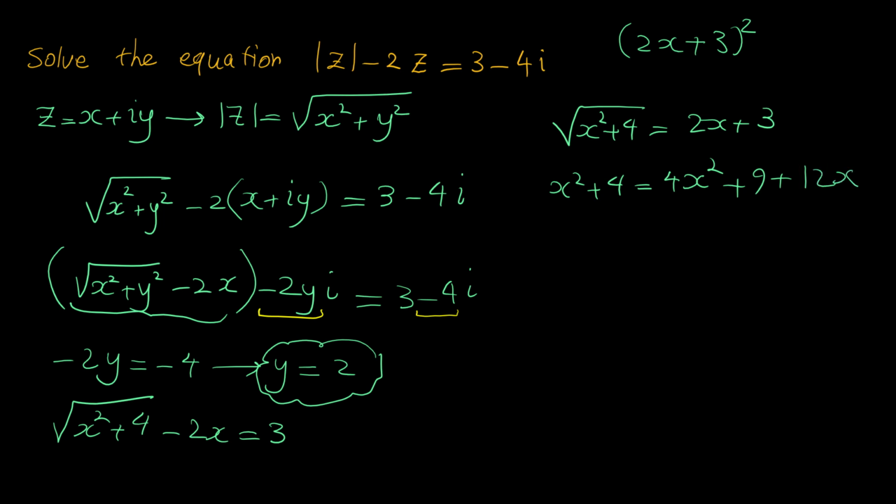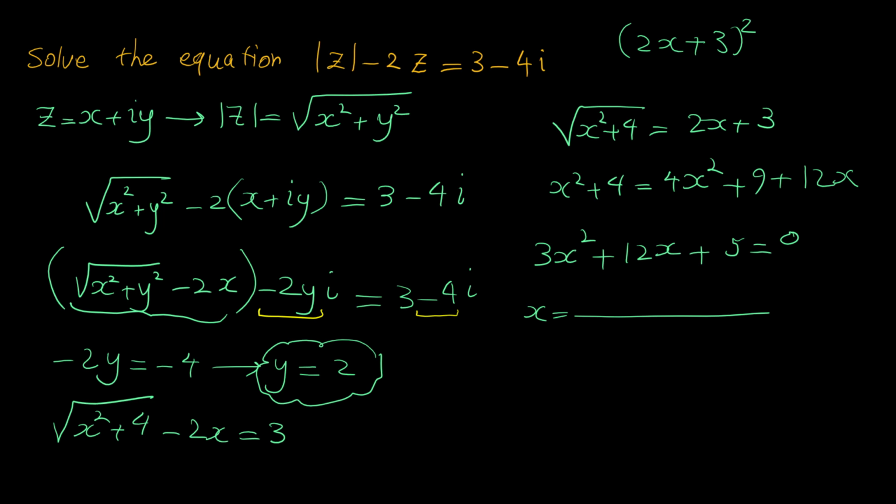From here, if we move x² and 4 to the right, we have 3x² plus 12x plus 5 equals 0.